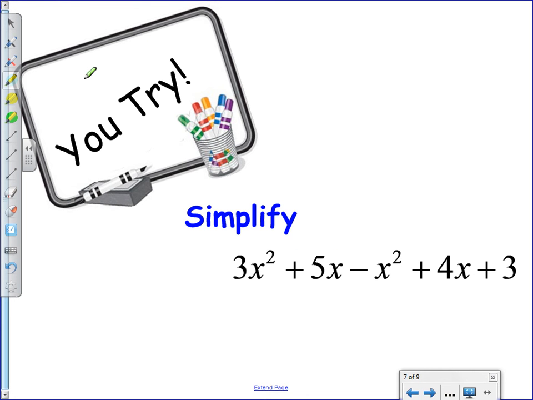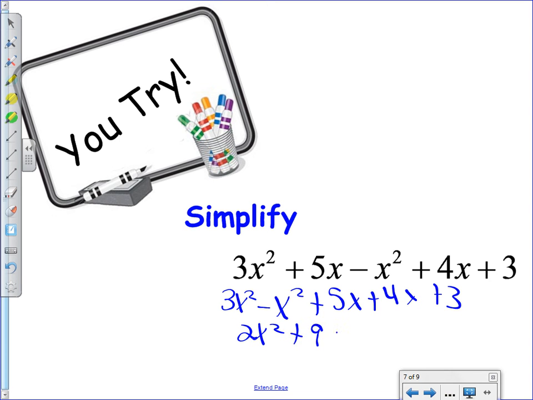All right, so again, going through this, I saw a lot of good things. A lot of you showed me the step of you grouping it together, which is 3x squared grouped with the -x squared plus 5x plus 4x plus 3. When you are adding and subtracting the coefficients, you're left with 2x squared plus 9x plus 3. So I think all of you got that, right?